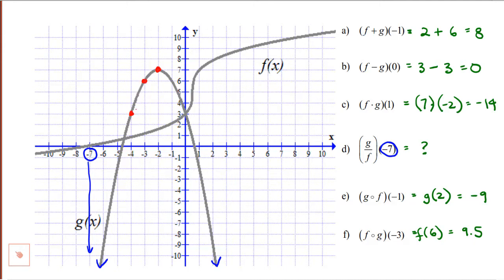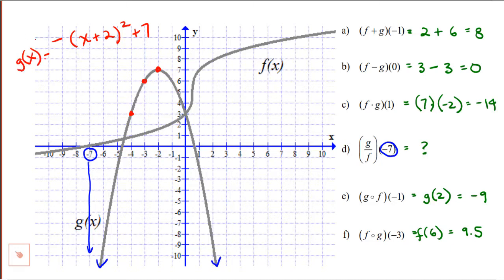This is an upside down parabola, maybe. Upside down parabola that was moved how? Flipped. Okay, so it's moved to the left 2, and up 7.